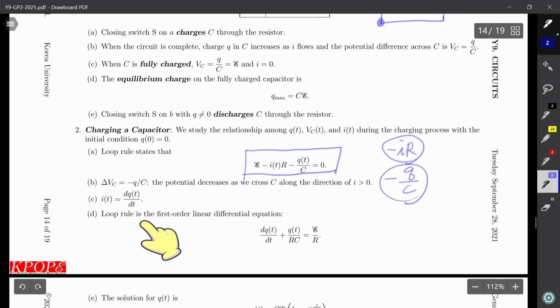The loop rule is the first order linear differential equation. Let's see.